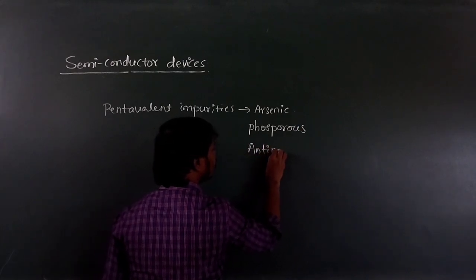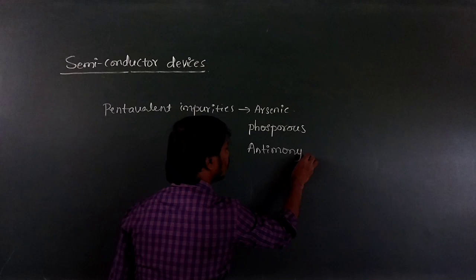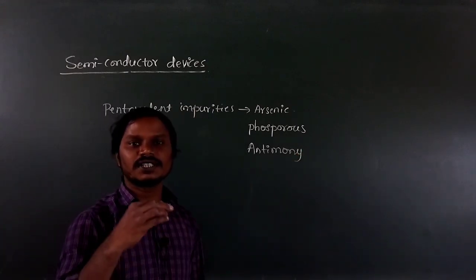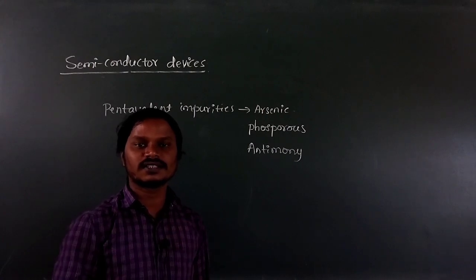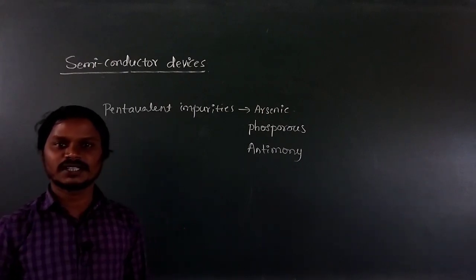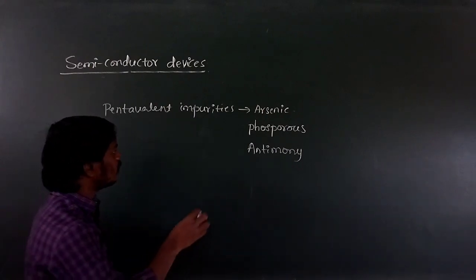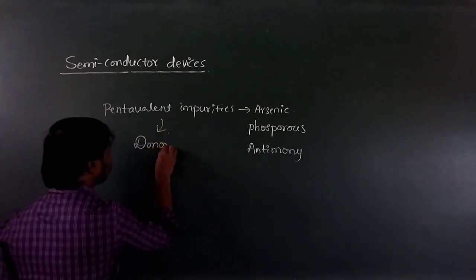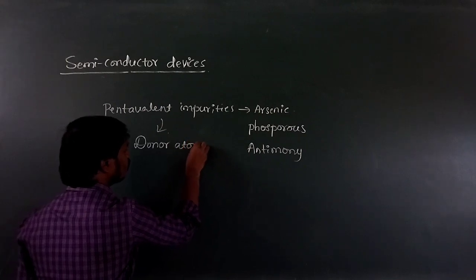If pentavalent impurities are added to pure germanium or pure silicon crystal, then we will get an n-type semiconductor. These pentavalent impurities are called donor atoms.